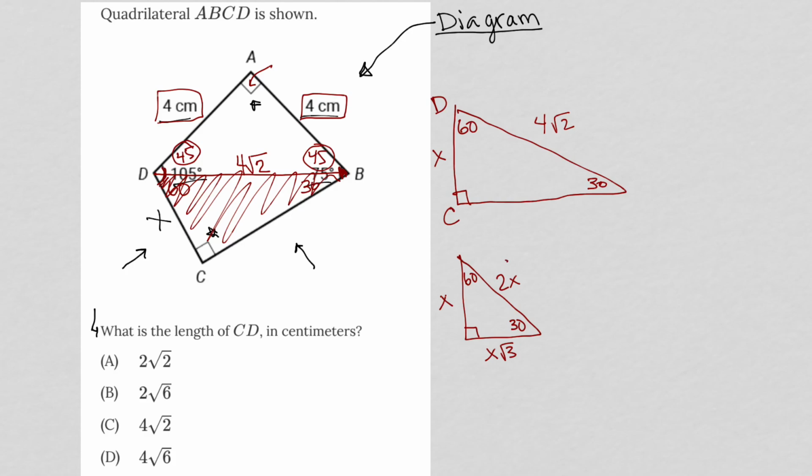So therefore, the relationship between the hypotenuse and the short side is that the short side, or the side opposite the 30-degree angle, is always half the size of the hypotenuse. So if my hypotenuse is 4 square root 2, then my short side must be 2 square root 2. And therefore my answer here must be choice A.